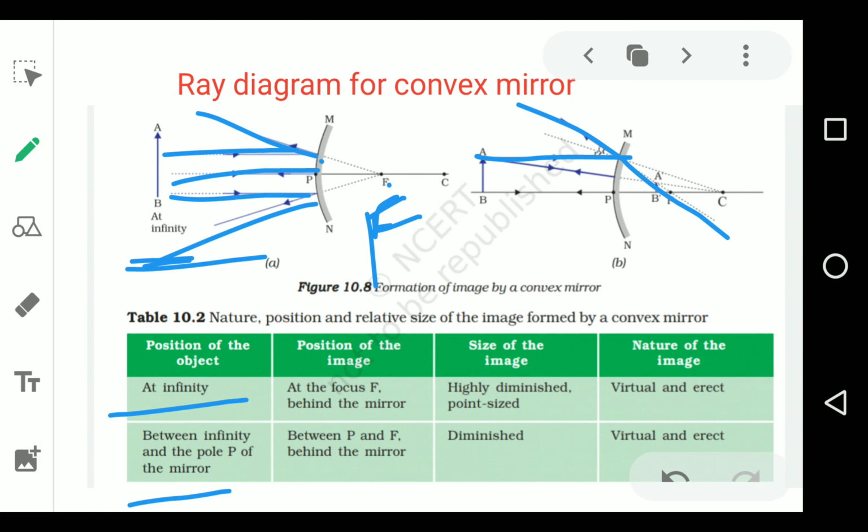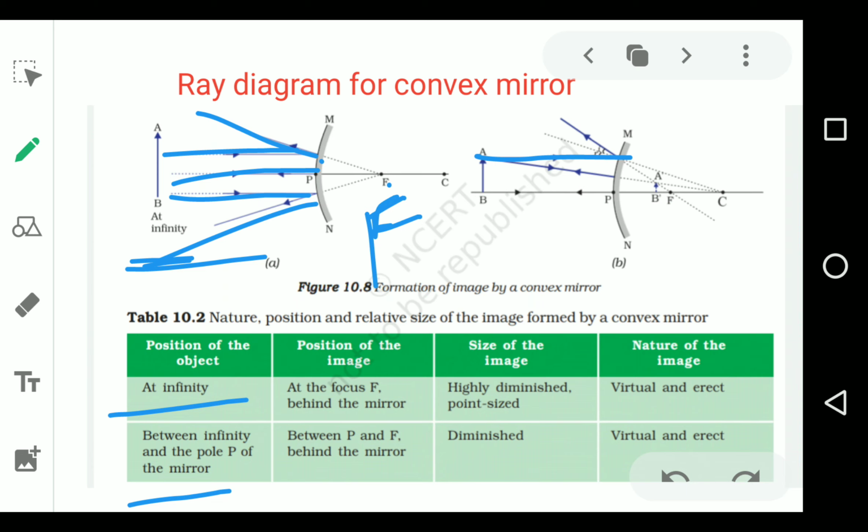Another incident light ray is directed towards the center behind the mirror, so obviously the reflected ray will also pass through the center and go backwards. They are supposed to meet at a point, and if you extend that point towards the principal axis, you will get the position of the image, that is A dash B dash. You can see the image is very small with respect to the object.